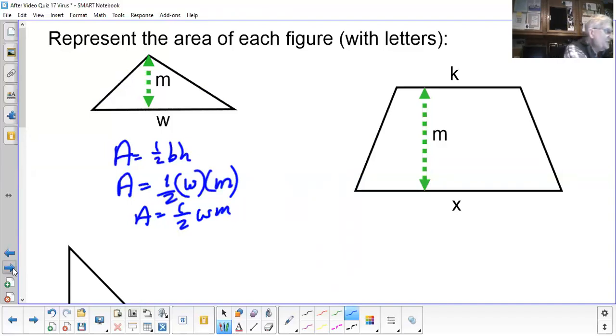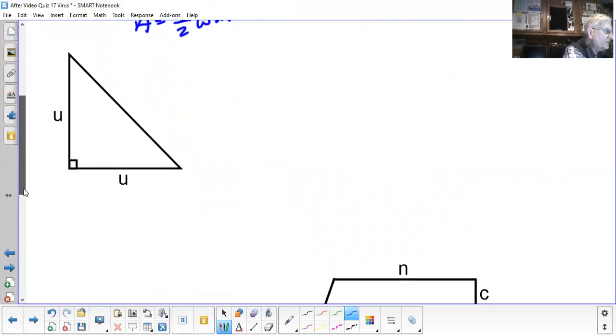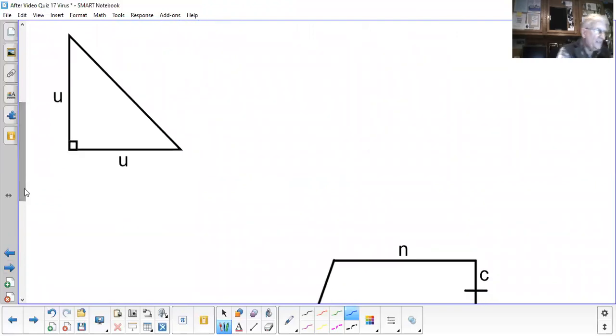Okay, let's do the second triangle down here, which again is an isosceles right triangle. Its height and its base are exactly the same. They are both U. How could I write this out as an area problem? Well, I would do 1/2 base times height.